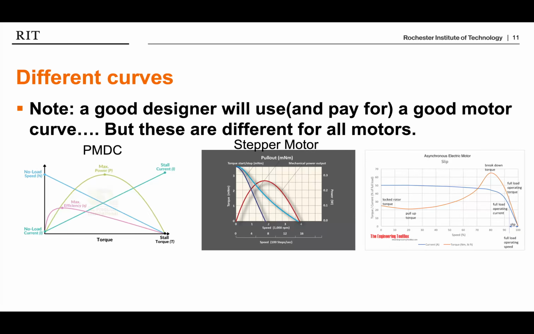Where things get weird is when we start looking at stepper motors and asynchronous motors. These are the motors that are AC motors that rely on an AC field to build another field. First, let's just take a quick glance at stepper motors.